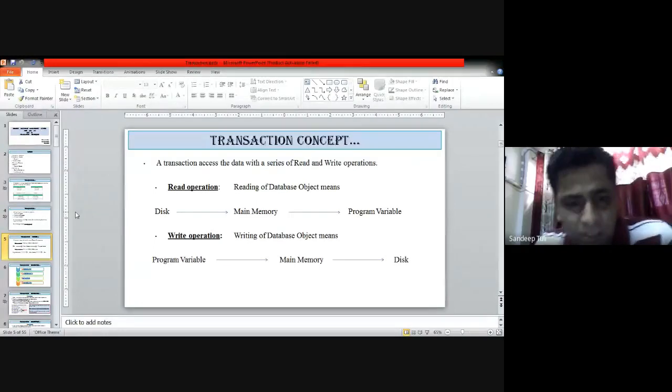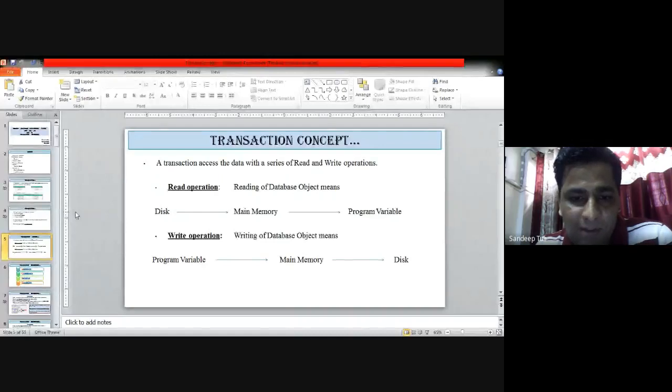So every transaction must start from the read operation and it must end with the write operation after the updation of the objects. The read operation is nothing but reading the database objects, which means reading starting from the disk, then it comes to the program variables, which in my case is x, through the main memory.